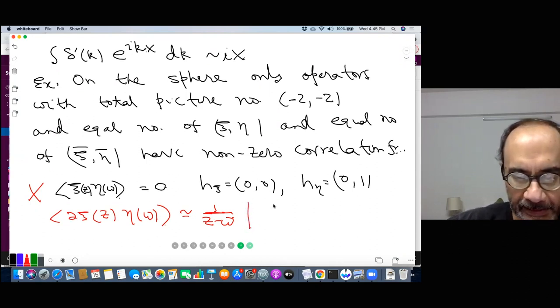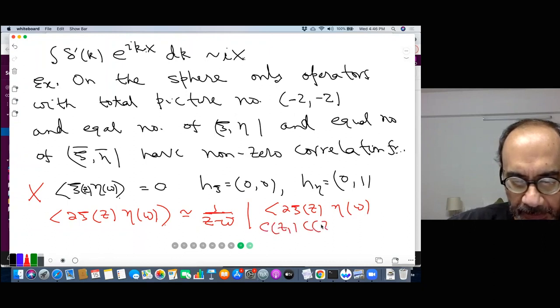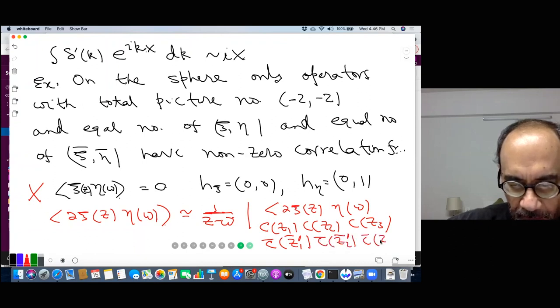So for example, this object ∂ξ(z) η(w), and then you put c(z1), c(z2), c(z3), and then c̄(z1'), c̄(z2'), c̄(z3'), and then you have to also supply the picture numbers, e^{-2φ}(y1), e^{-2φ}(y1').